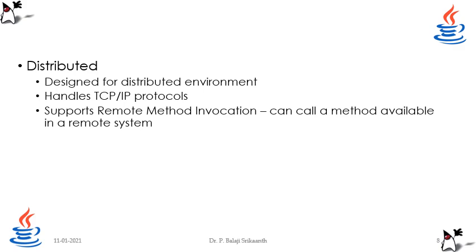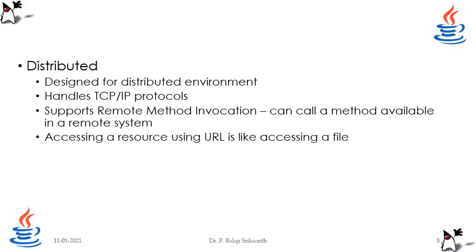That's called remote method invocation. Accessing a resource using a URL is like accessing a file in the underlying hard disk or file system. It is so gracefully written, and sufficient APIs are available, so that accessing a resource using a URL will be like accessing a file in the underlying file system in the hard disk. Java programs are dynamic.